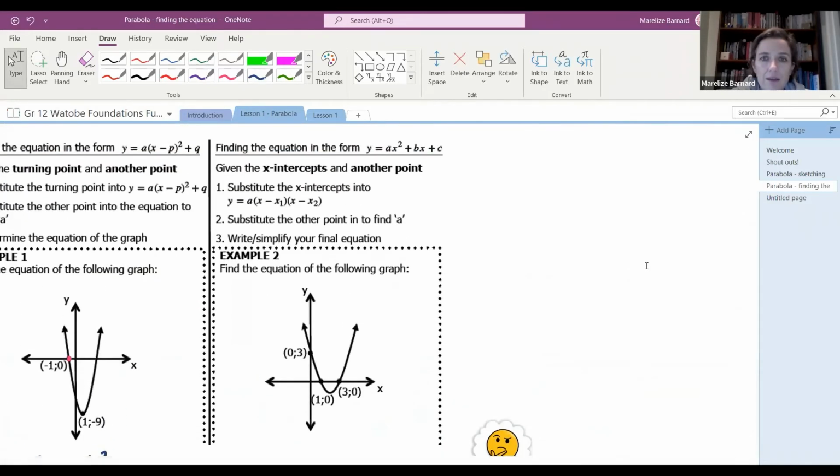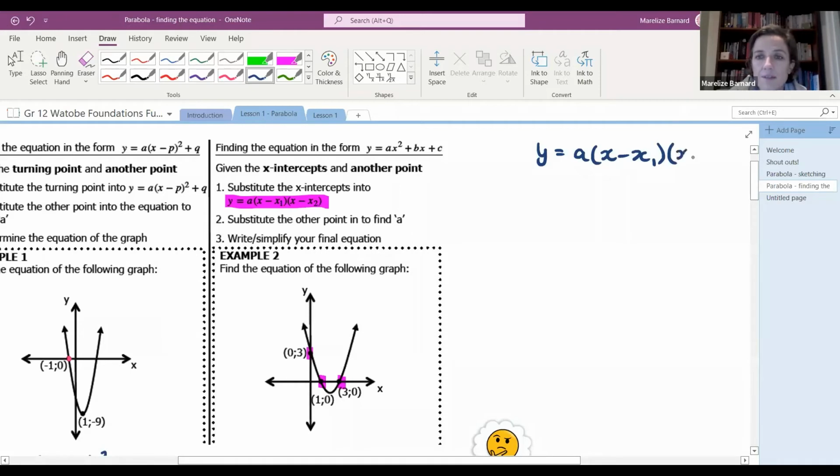Right. The other way that it can be asked is if you are given this information. The 2 x-intercepts and one other point. So here's my x-intercepts and another point. So that's when we start with y equal to a x minus x1, which is our first x-intercept, and our other x-intercept is x2.